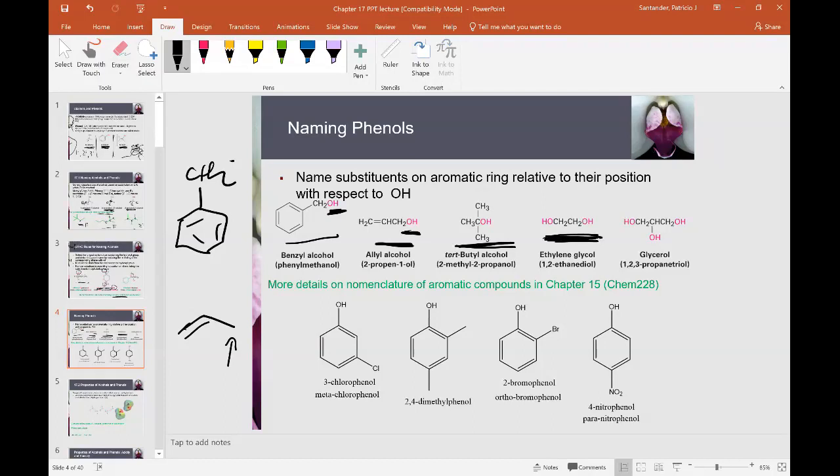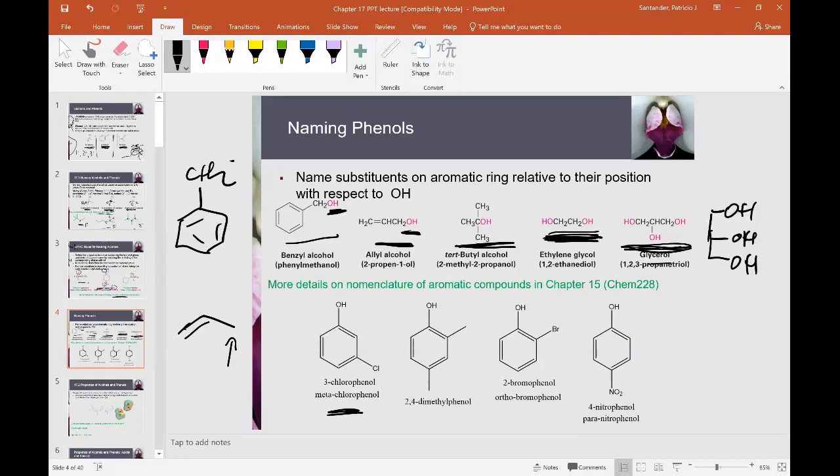Glycol is when you have a vicinal diol. Another polyalcohol of interest is glycerol, the base compound for some fats in biological chemistry. You can make esters out of those, and those are the fats, right?